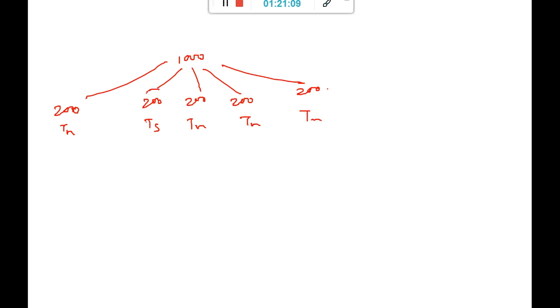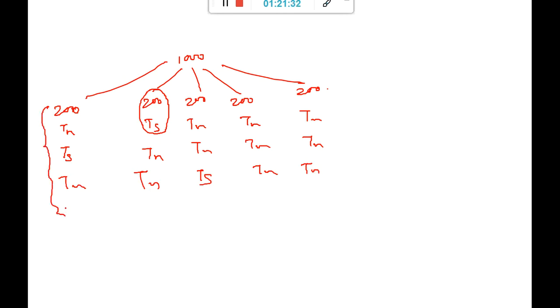So it has randomly chosen this set of 200 records as the test data set. In the second iteration, it may choose this as the test data set, and the remaining 4 will be my training data set. Similarly, this can be there, and the remaining will be the training set. So in this way, it will do these types of splittings internally, and the same model it will use.